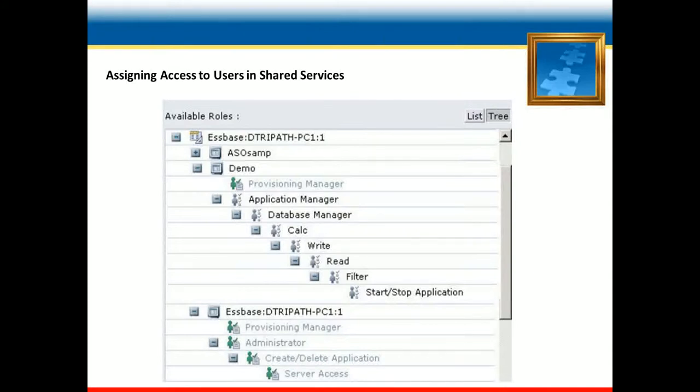So this is a screenshot from a shared services console, wherein we can see different hierarchies of the roles and applications. If we see at the top of the roles, there is the SBase server that is registered to the shared services, and ASO, Sample, Demo are the sample applications that come with the SBase deployment.